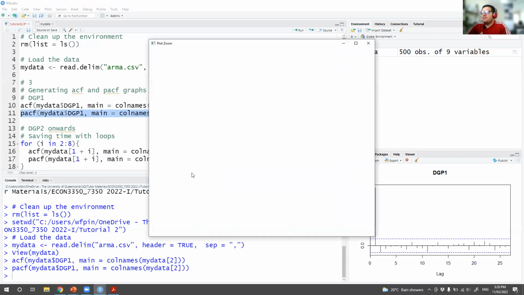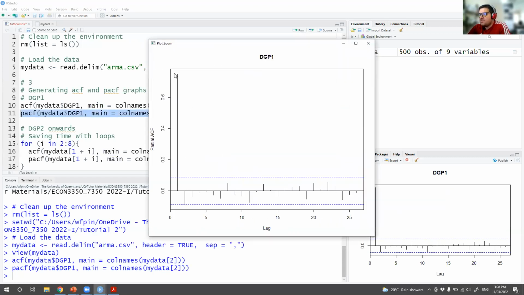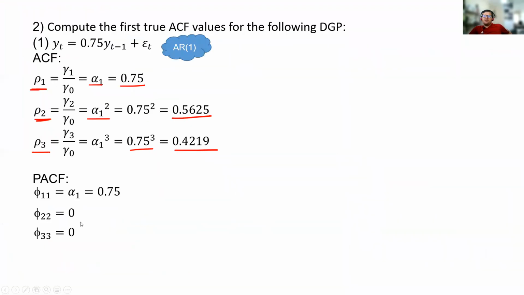You can see how it starts at 0.7 something, and then sharply goes to 0. So this is a cutoff point, and everything else is inside the 95% confidence interval. So effectively they're equal to 0, just the way we noticed from the formula.